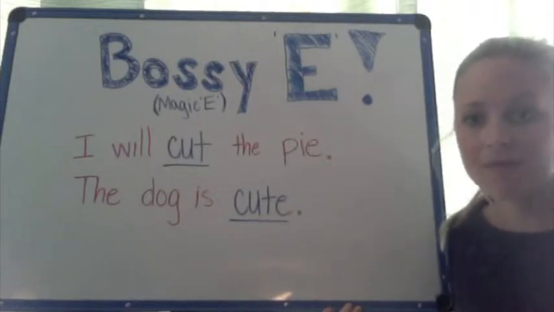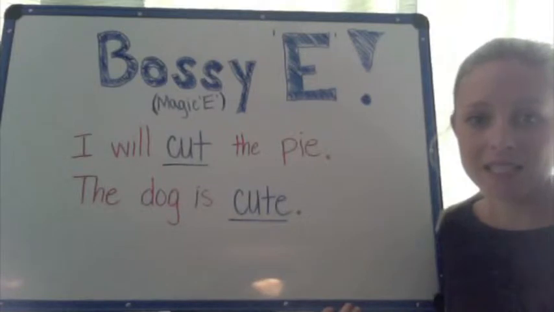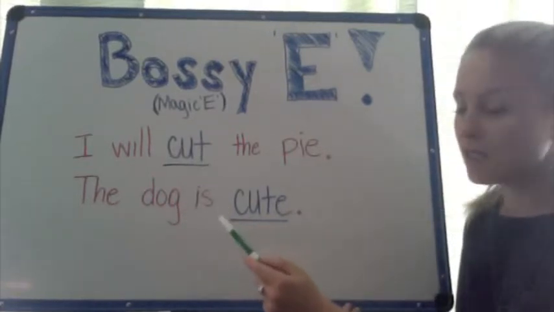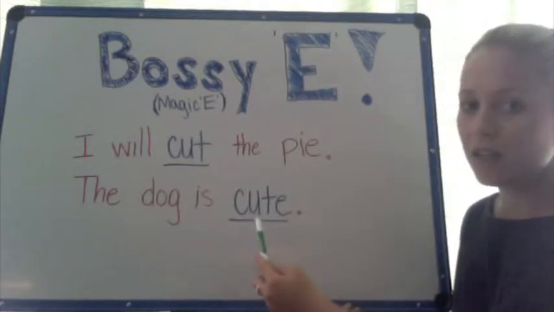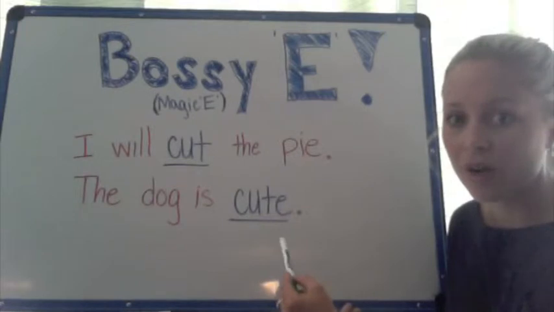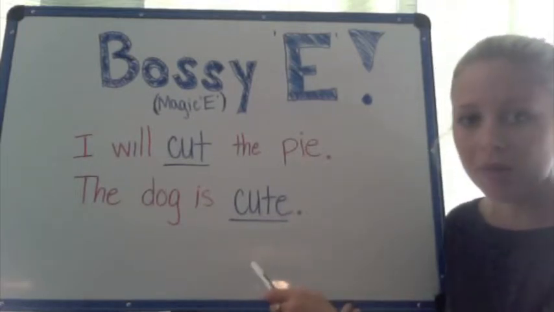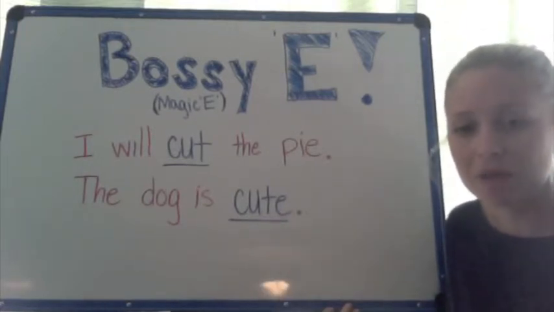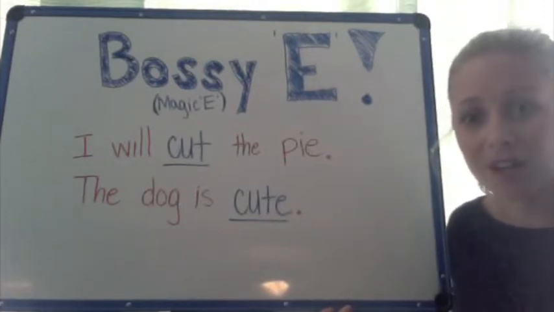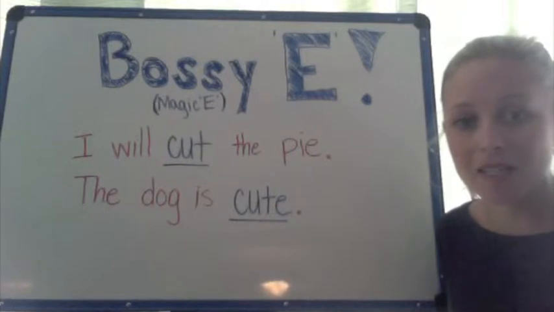Does that make sense? It sure does. Okay, let's read the next sentence. The dog is cut. Is that right? No. What is special about that bottom word that makes us have to reread it? Anyone? Good, that's right. It has the bossy E.